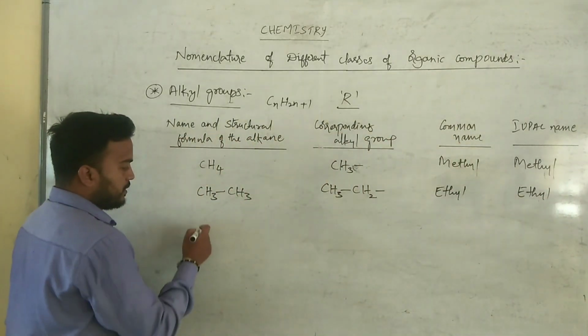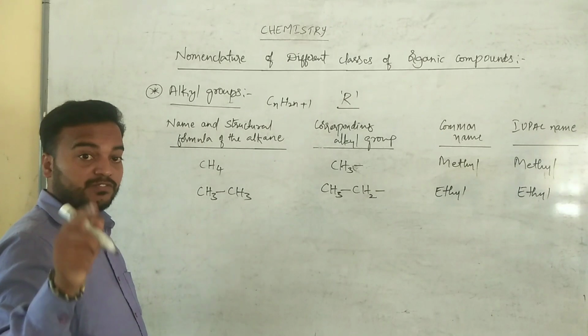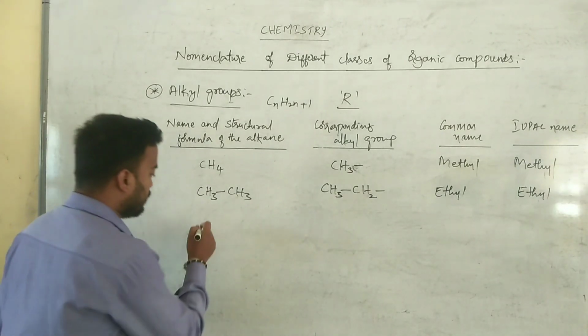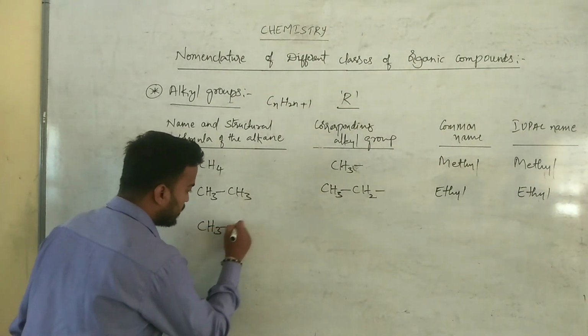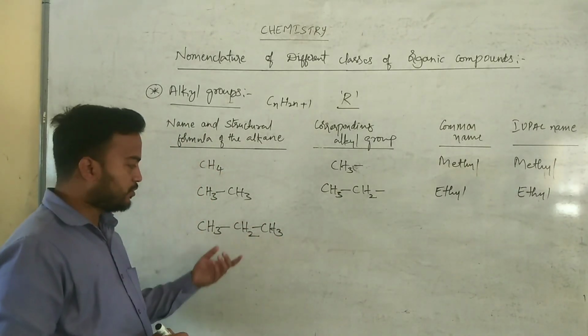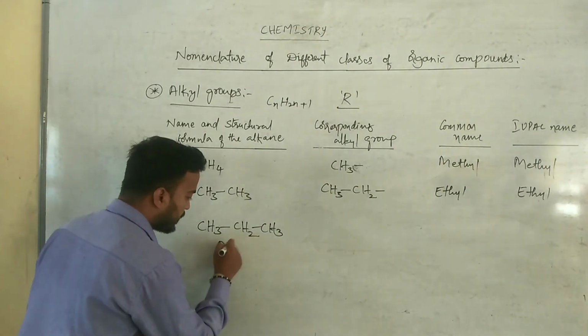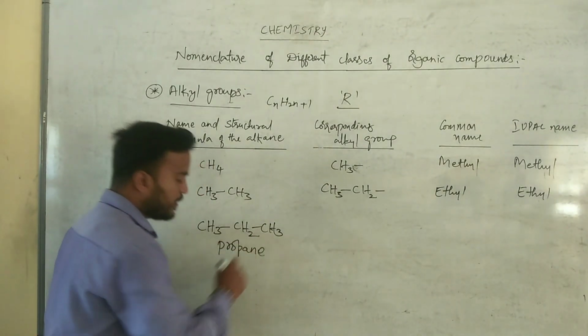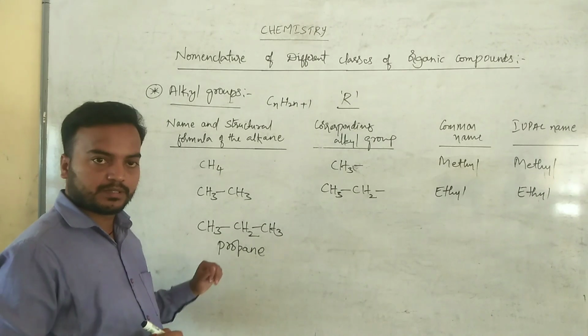Next, I will put n equal to 3 in the general formula of alkanes. We obtain CH3, CH2, CH3. So this is propane. Now we have to remove one hydrogen from this propane.